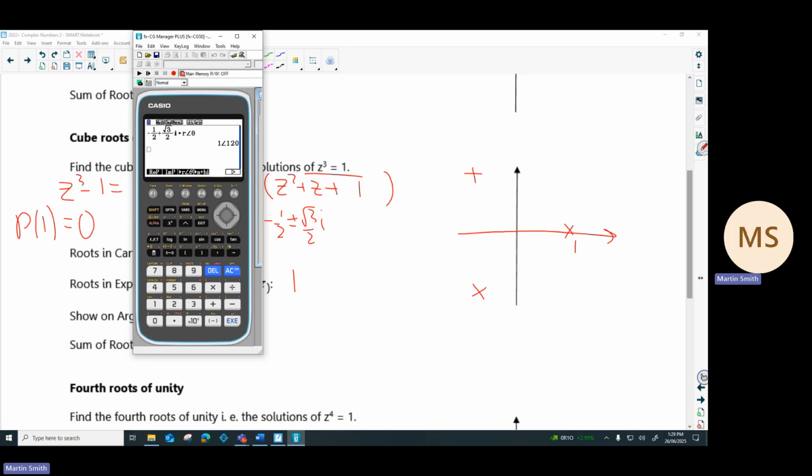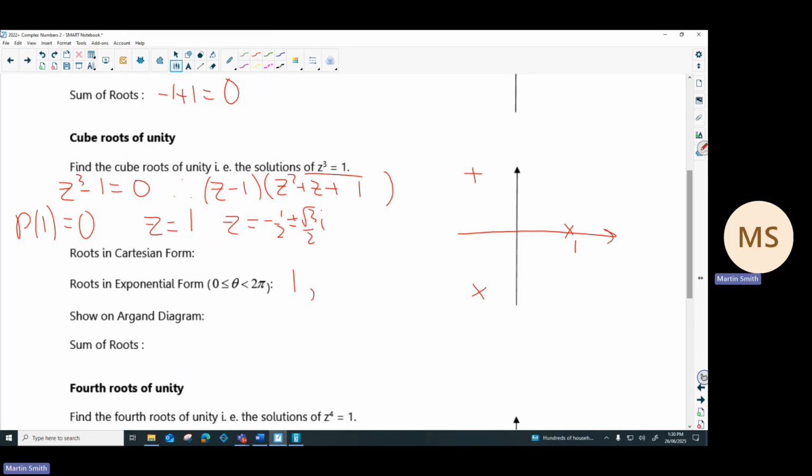It's got a modulus of 1 and argument of 120. Surely I want to be in radians. So it's got a modulus 1 and an argument of 2 pi over 3. So therefore, in exponential form, it is 1 times e to the power of 2 pi over 3 i.